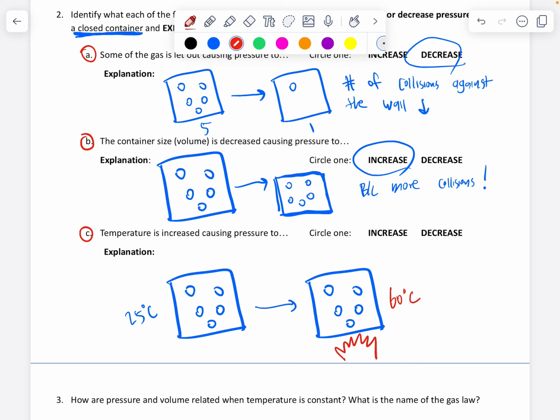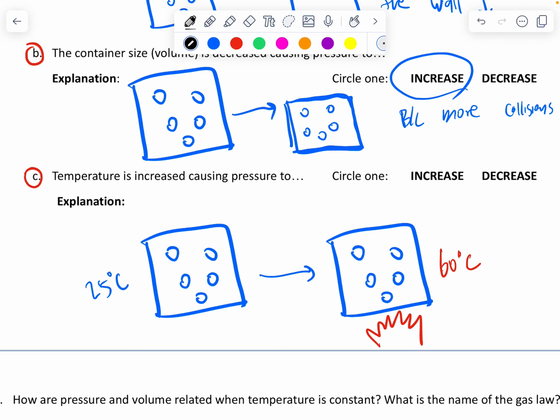Okay, if I were to draw in the vectors, we talked about the vectors, right? The longer the length of the arrow, the faster, right? So at 25 degrees Celsius, I'm going to go ahead and draw in shorter arrows, representing that the speed of these gas particles is not that fast. I mean, they're still moving, right? But it's just not fast, all right?